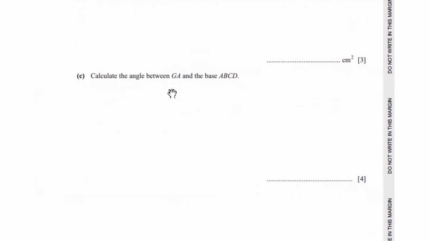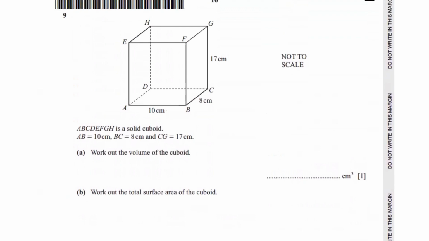Then calculate the angle between GA and the base ABCD. So we'll draw a right angle triangle like this. This is the angle we're trying to find, the angle between GA and the base ABCD. This is a very common question that comes every single time.